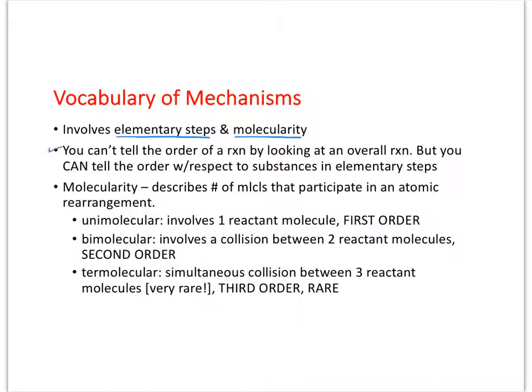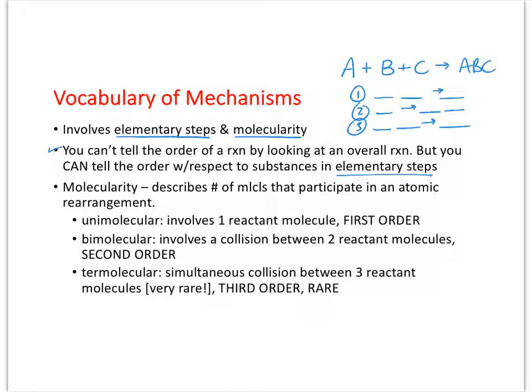But if you have the step-by-step process and the elementary steps, you can determine the order of each reactant from that. So by looking at this type of equation, I can't tell what the order of the reaction is. But if I have the step-by-step process, whatever this might be, I can determine rate laws for each of these baby steps.